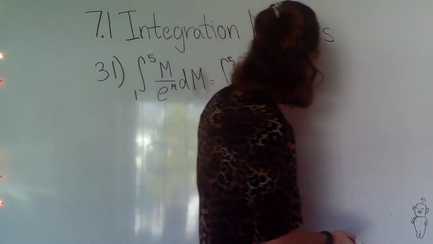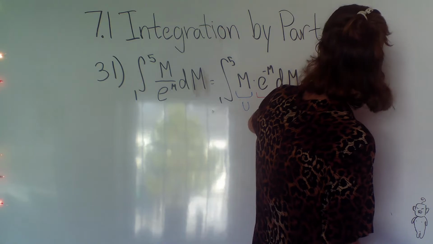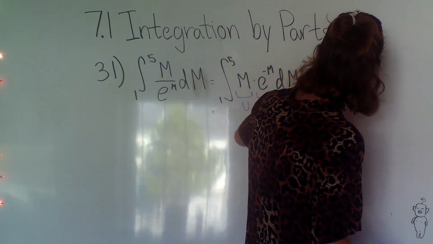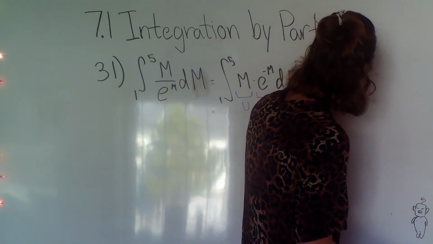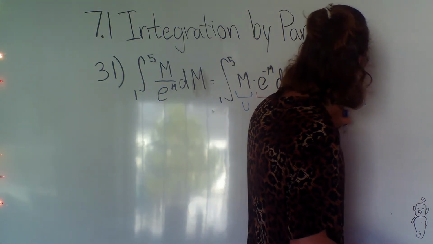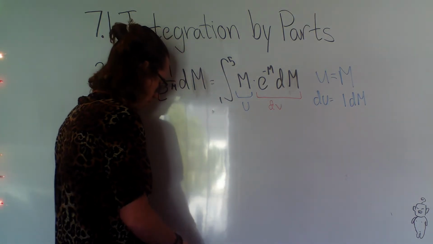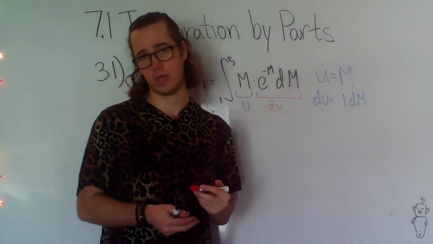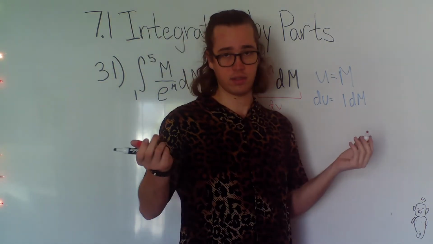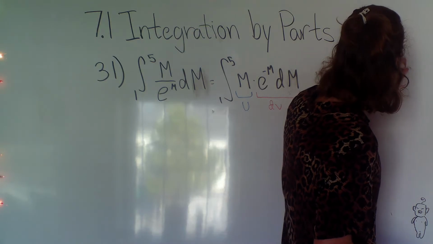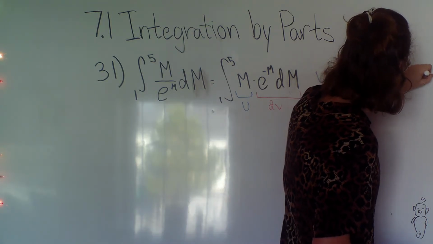But so we have that u is equal to m. So then du, well, that's really easy to calculate, is equal to 1 dm, or just dm. And then, well, from there it's really easy because we already found our u, so we have our dv by process of elimination. So then our dv is going to be equal to e to the negative m dm.